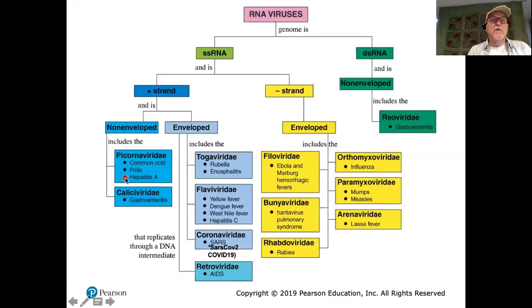There's another virus which causes hepatitis A. Hepatitis A is the common hepatitis, often called yellow jaundice, a relatively benign form of hepatitis with a duration of some weeks of inflammation of the liver, which usually settles with no sequelae at all.